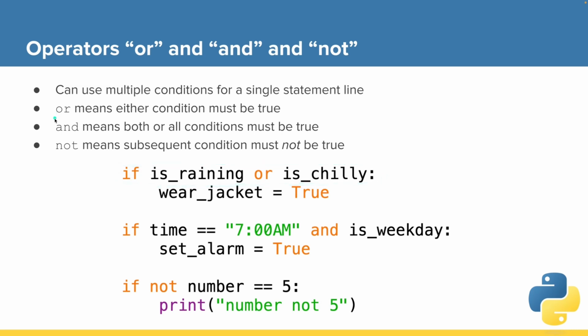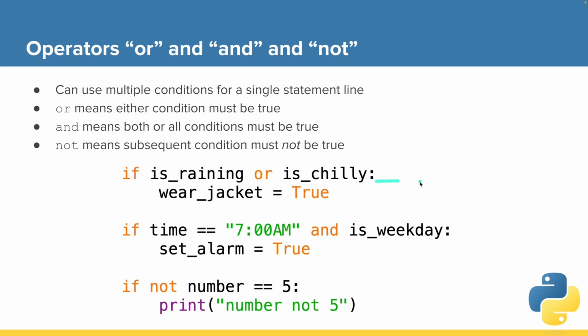So let's first talk about the or operator, where that means that either condition must be true. So if it's raining or is chilly, if either one of these is true, they don't both have to be true, just one of them, then this code underneath our if statement will execute.